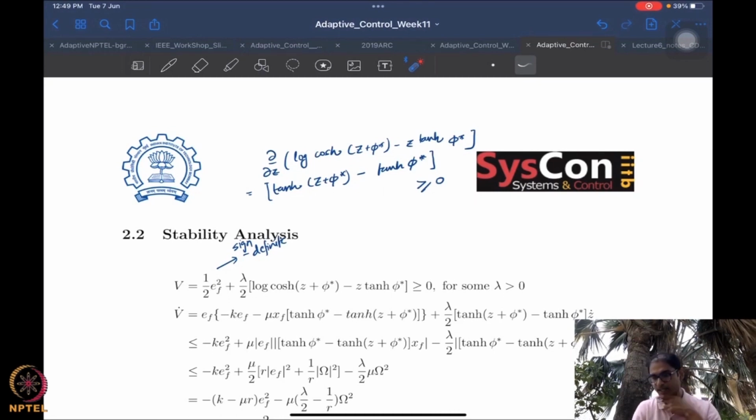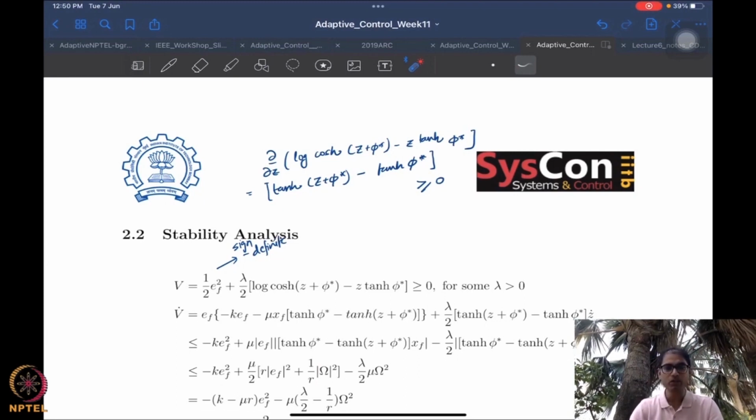Let me think about this a little more carefully. What I'm trying to do is take this V function and compute a minima for this function. How do you compute a minima?